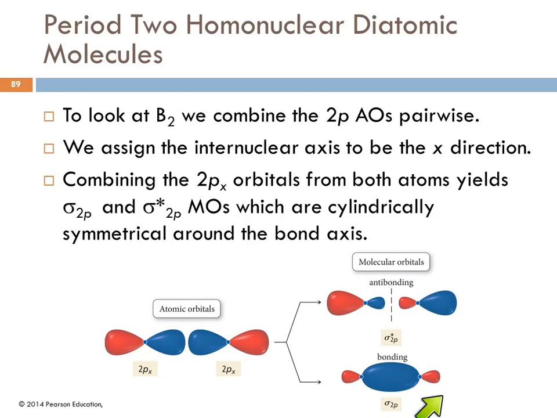So this combination is going to be symmetrical along this bond axis, and so this is also a sigma orbital. Sigma is symmetrical around the bond axis. Pi is not. Pi is the other. So this is sigma 2p, and that's sigma star 2p.